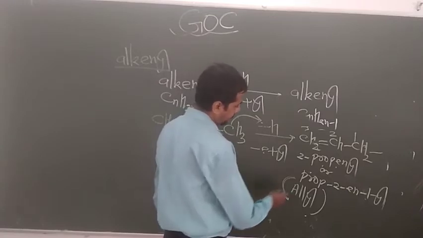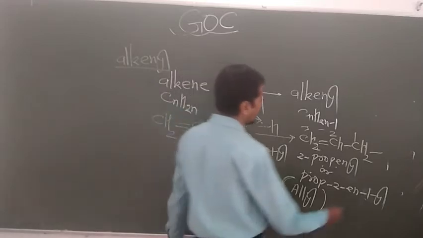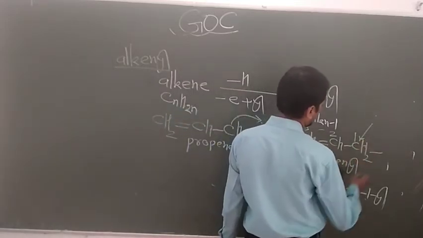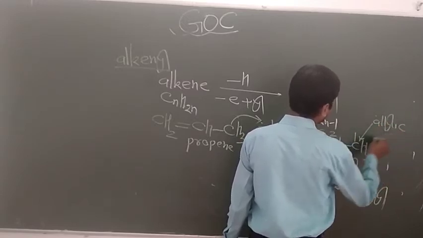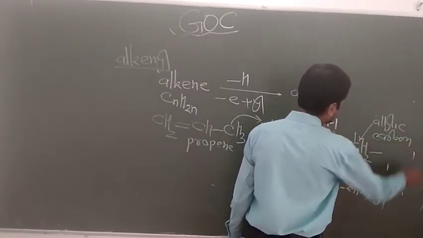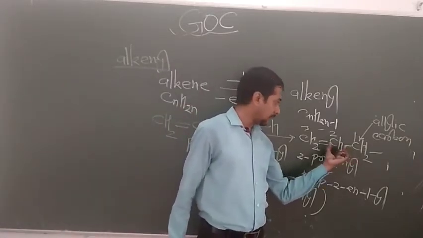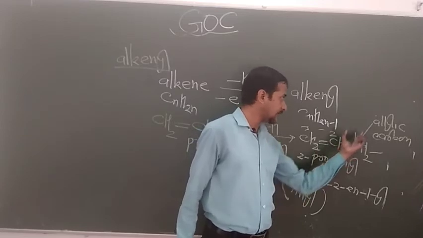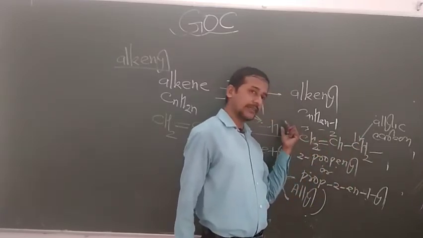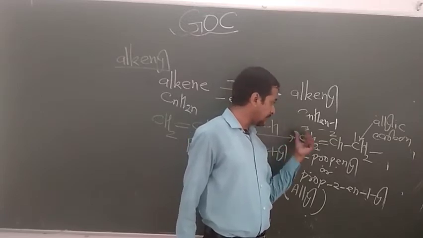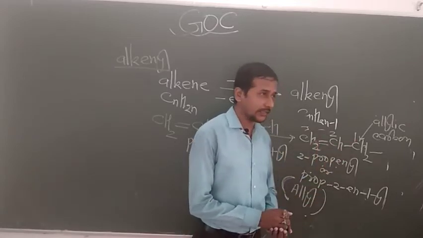Now, the carbon from which H is removed is known as allylic carbon. The carbon attached to a double bonded carbon is known as allylic carbon. This carbon may be on this side, or may be attached to this carbon also. So allylic carbon means the carbon attached to a double bonded carbon atom.